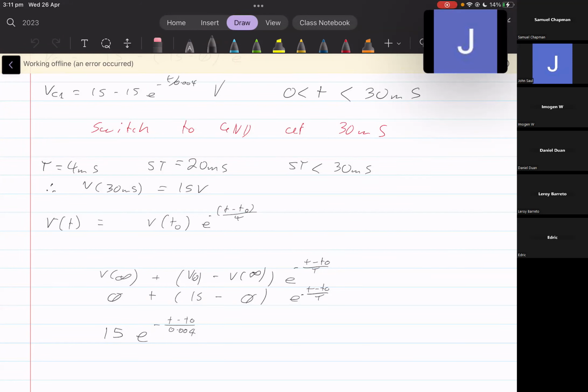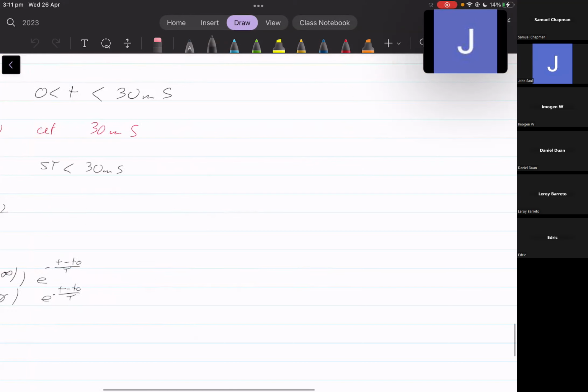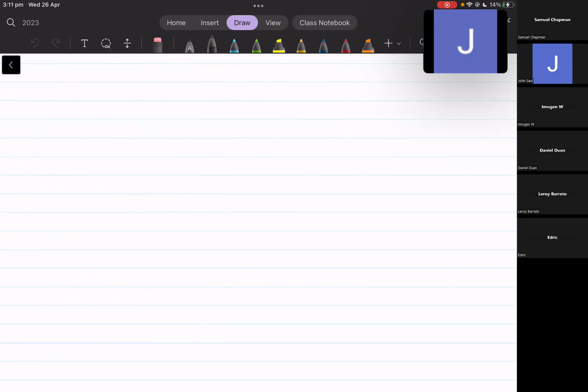Wait, how can we just do that? You're losing a whole resistor on the top that's being multiplied. Yeah, so we can just scribble that out. So that would give us 1 on R1.